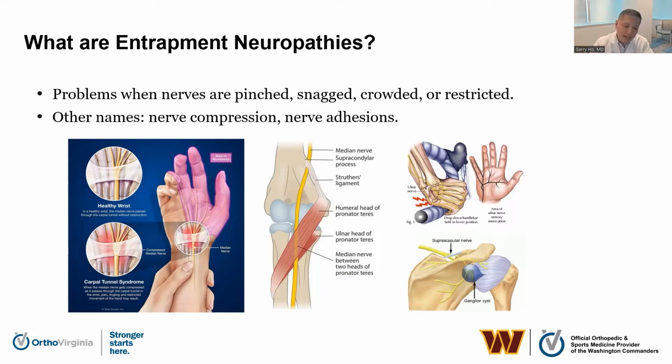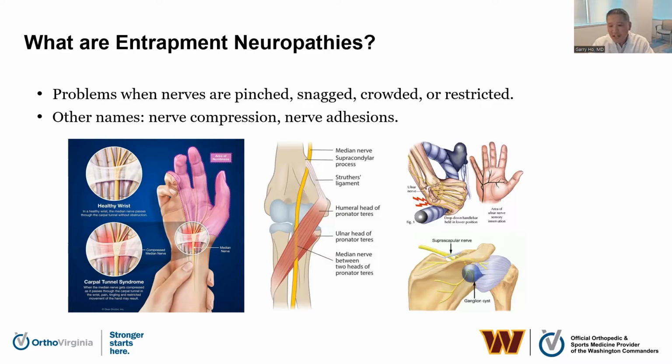I see this a lot in my weightlifters, people who work out a lot. They get muscle hypertrophy. These muscles get big. That's what they're going for. But those muscles getting big can sometimes crowd nerves and cause the nerve to get irritated. So this would be another example of a scenario where you can have an entrapment or compression neuropathy, but due to not a space, but just muscles that are overly enlarged.